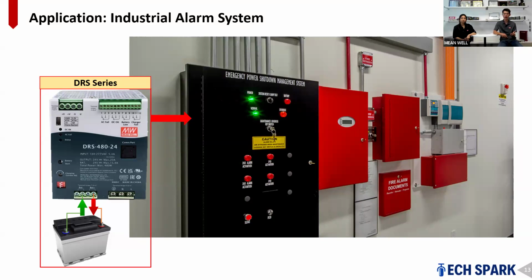And as it is an intelligent dimmable power supply, it can auto charge the battery when AC recovers, and no manual operation is needed to trigger the AC to power the application or the battery to power the application.